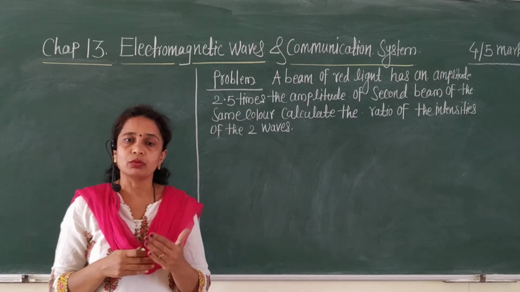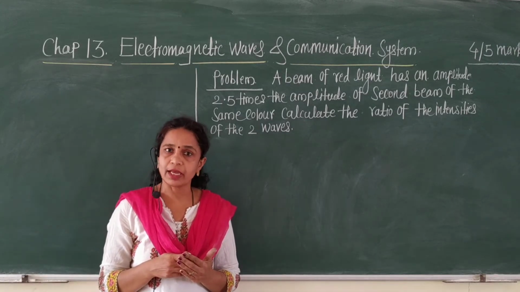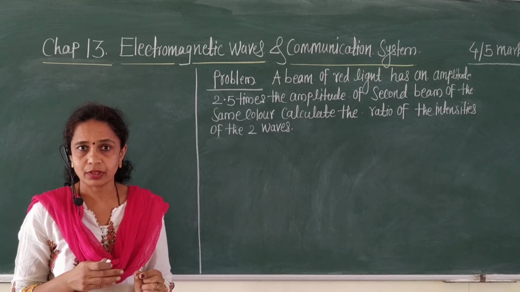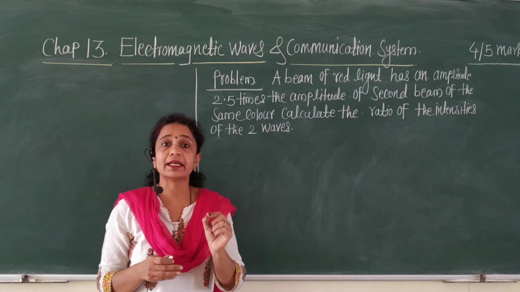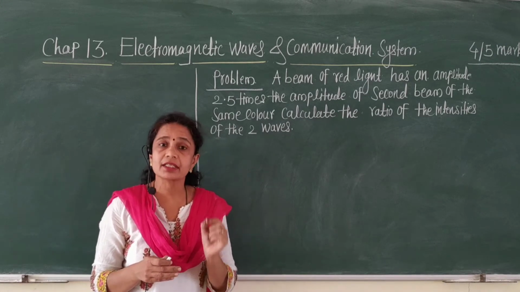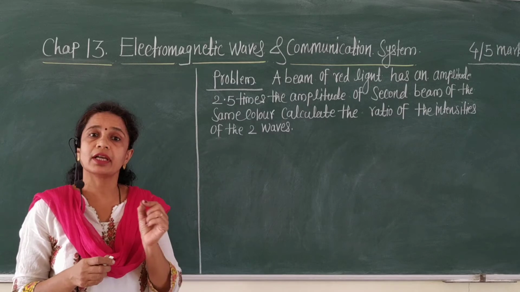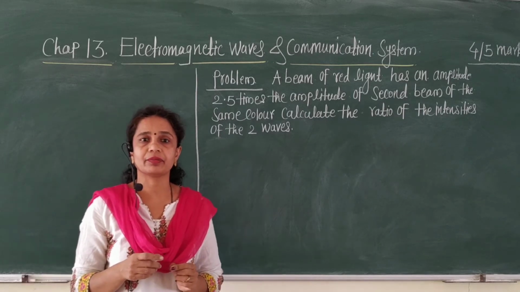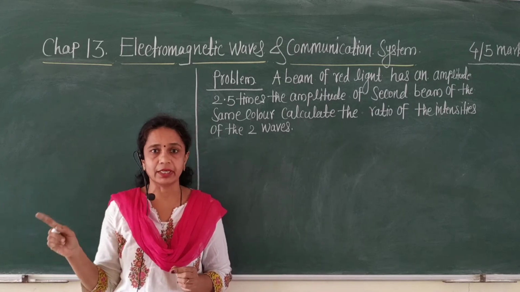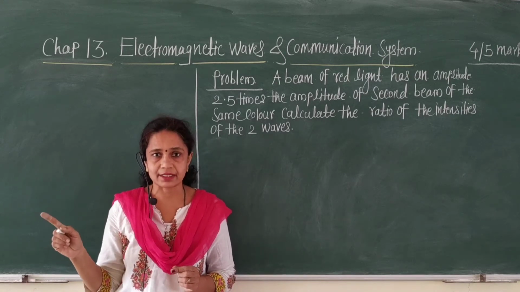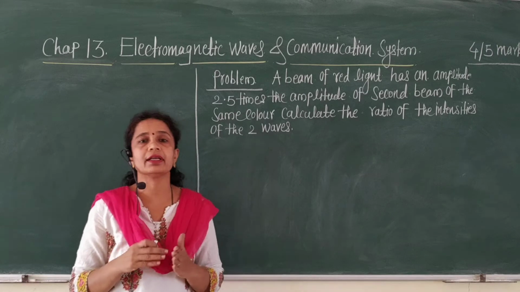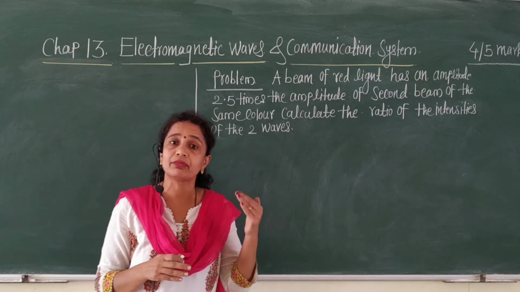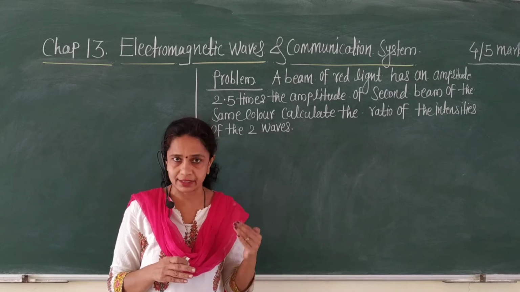Now you know that in electromagnetic waves, the electric field and magnetic field vary sinusoidally with the x-axis. Let us consider a wave traveling along the x-axis, with the electric field along the y-axis and the magnetic field along the z-axis.